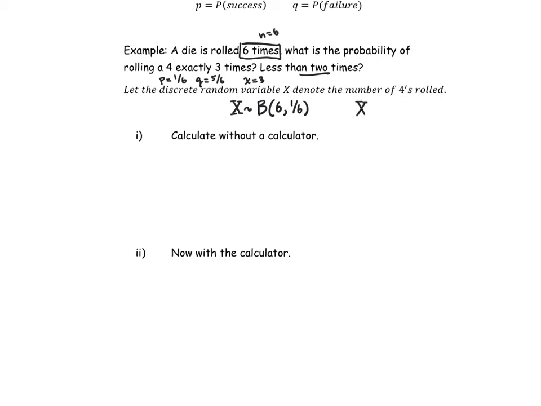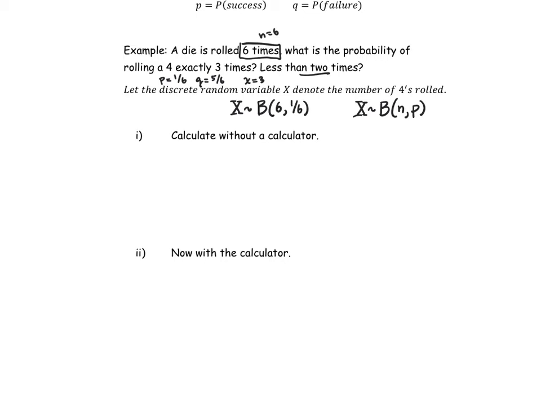You start with the letter representing the discrete random variable, the distribution, which is binomial, the number of trials, which is 6, or n, and the probability of success, which is p. That implies a lot of information going on here. So this will denote the number of 4s rolled.